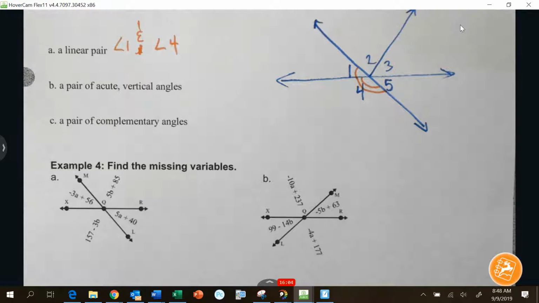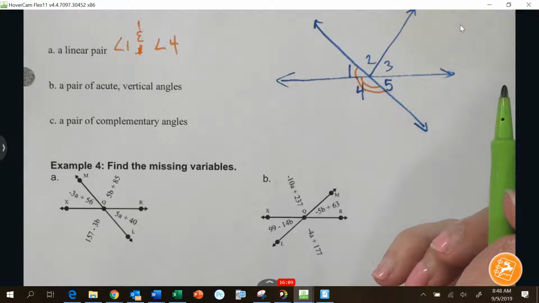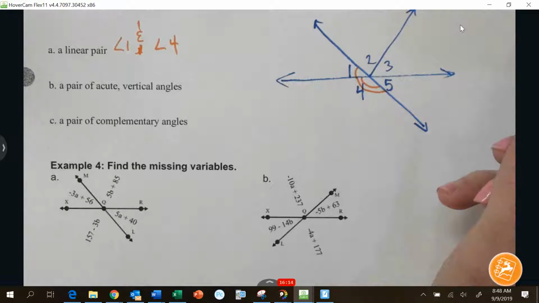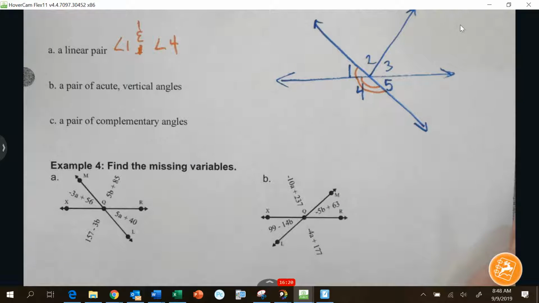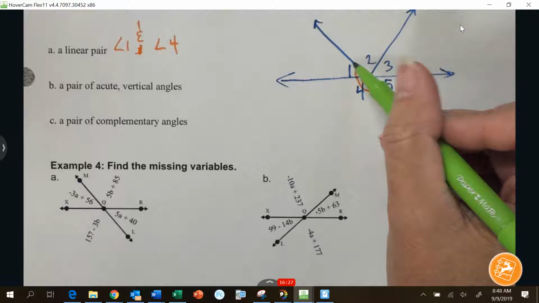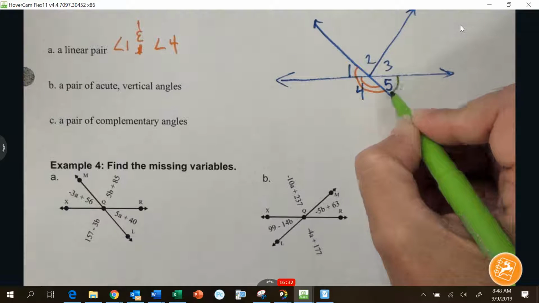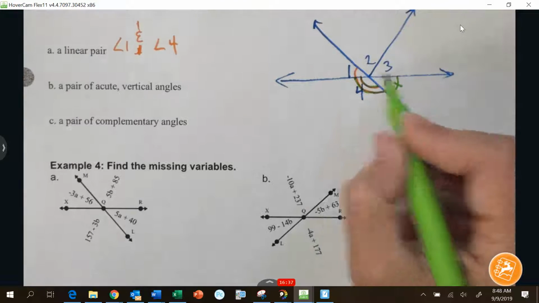Stephen, can you tell me another two angles that make a line together? 1 and 3. Is that what you said? So it's got to be two angles, and their outside forms a line, just like 1 and 4 form a line. What? 4 and 5, right? So 4 and 5 also are a linear pair because they make that straight line there.